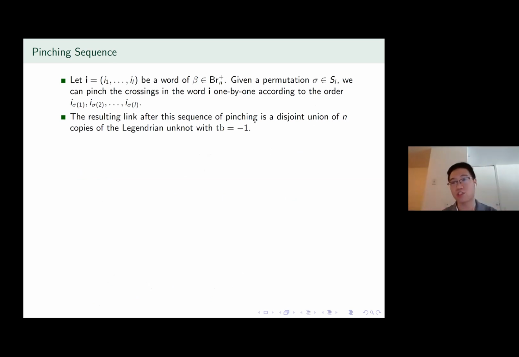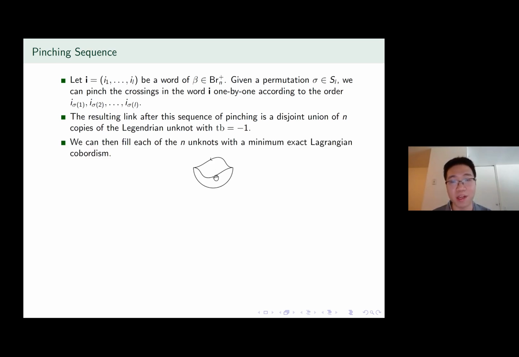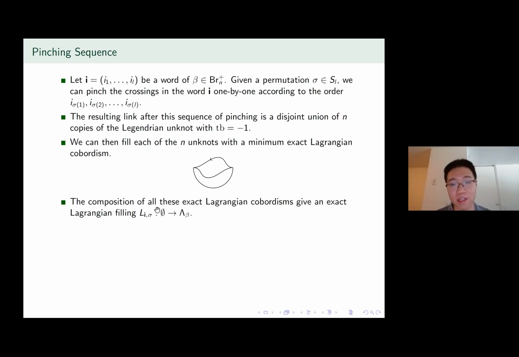At the end, you get a disjoint union of n copies of the maximal tb unknot. So you have n copies, and then you can fill them up using the minimum cobordism. For each maximal tb unknot, you can just fill them up. So the composition of all this gives you an exact Lagrangian filling, which I denote by L sub sigma, from the empty set to the positive braid closure.